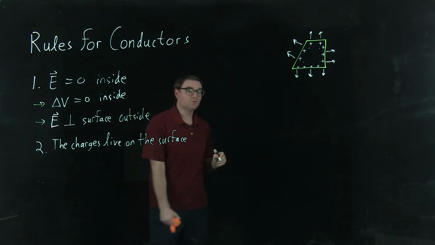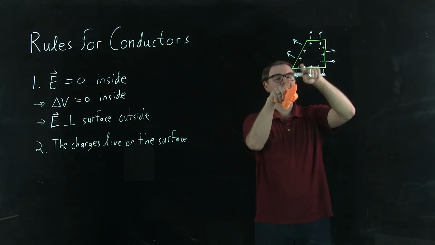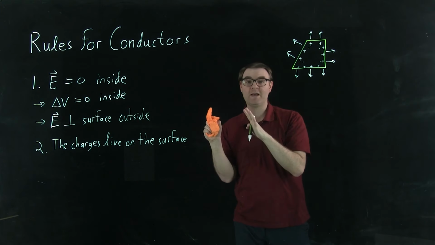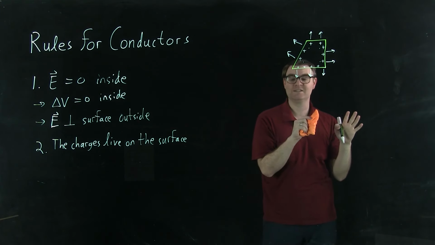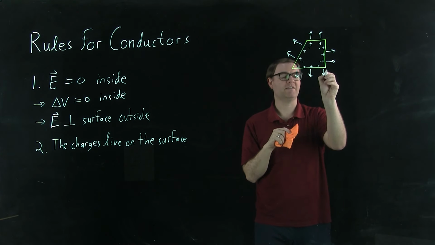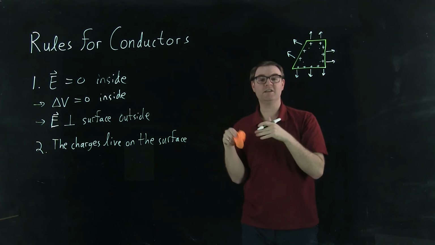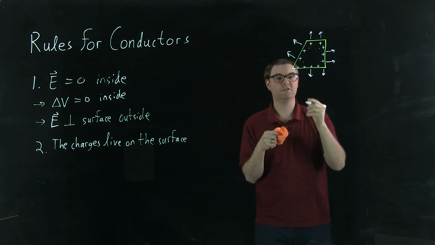And then one last rule that I'm going to give you is that depending on the shape of this piece of metal, I could get different amounts of charge in different places. And it turns out that when you have wide regions like this or big curved regions, you tend to get lower charge densities and therefore lower electric fields.